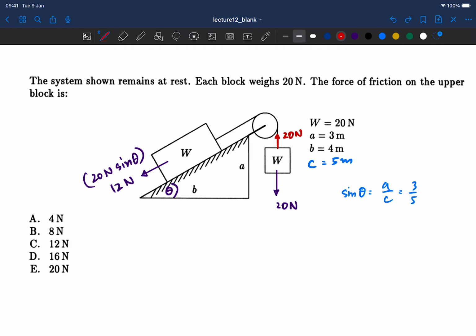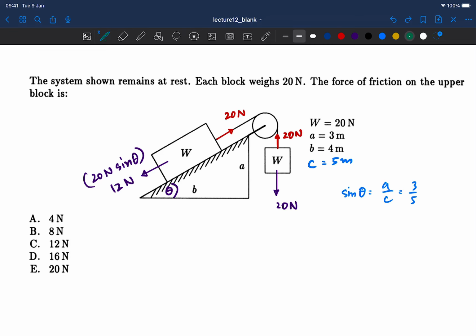So the tension on the other mass must also be 20 newtons, and it has to pull up like this. But if these are the only two forces on this mass here, it's sure going to move up, because the sum of the forces is not 0. But it doesn't move up, so there must be a third force that helps cancel everything, right?